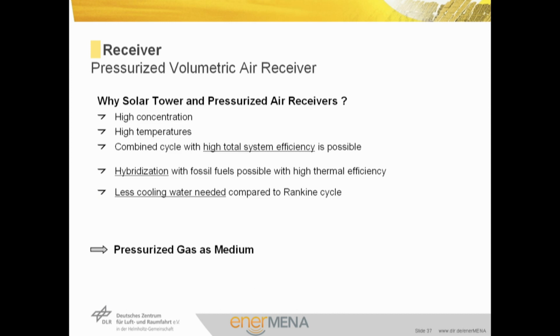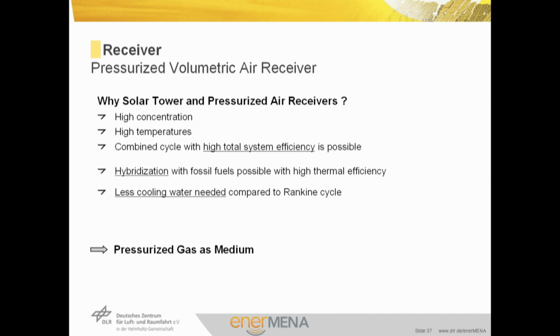Another receiver technology which is still under research is the so-called pressurized volumetric air receiver. Why do we need a solar tower and a pressurized air receiver? We have learned in previous sections that solar towers deliver high concentrations and hence can deliver high temperatures with high efficiencies. And hence we can use a combined cycle with a high total system efficiency.